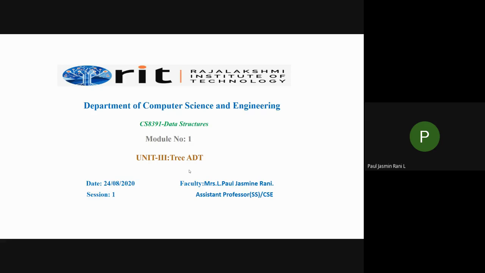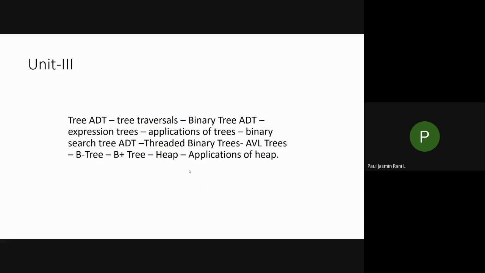Before entering into the non-linear data structure, let's see what topics are there in your third unit. This is the third unit syllabus. In your third unit you will be studying the tree concepts, and in your fourth unit you will be studying graphs.